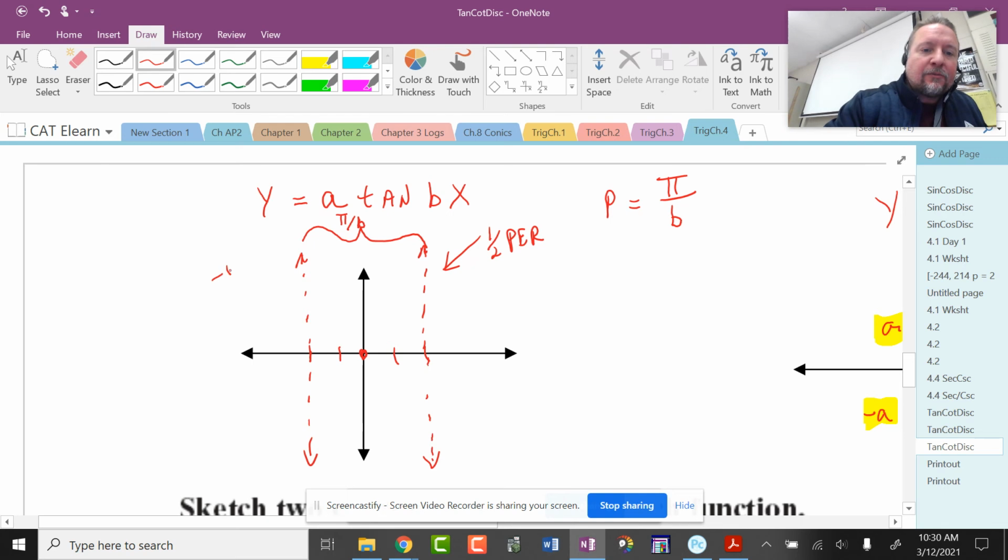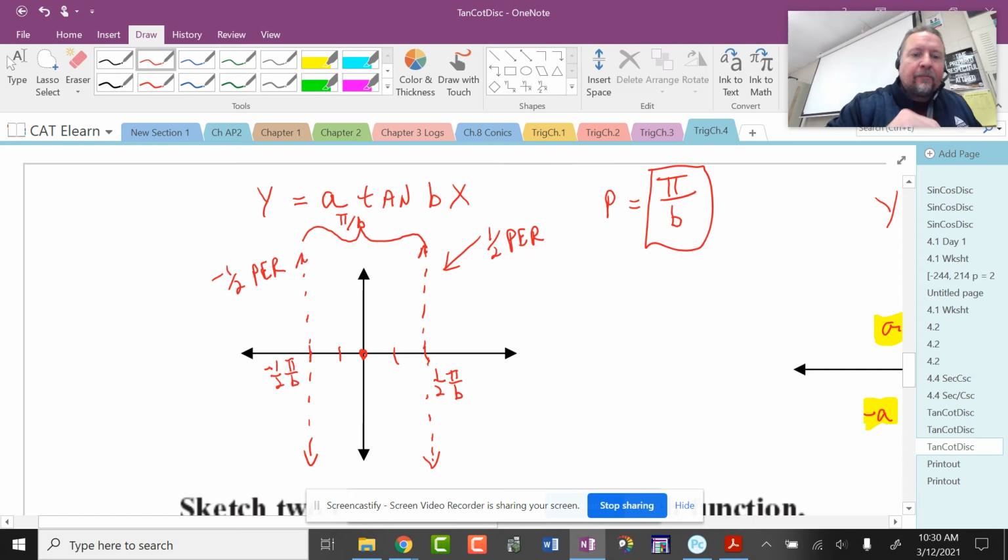And I'll write that just because we're on the other side of the y-axis. So what is this really in terms of pi over b? Whatever pi over b is, this x value will be half of what pi over b is. And this x value will be negative half of what pi over b is. So you just got to take half the period, whatever it is, and those are your first critical values, and there are asymptotes for tangent.